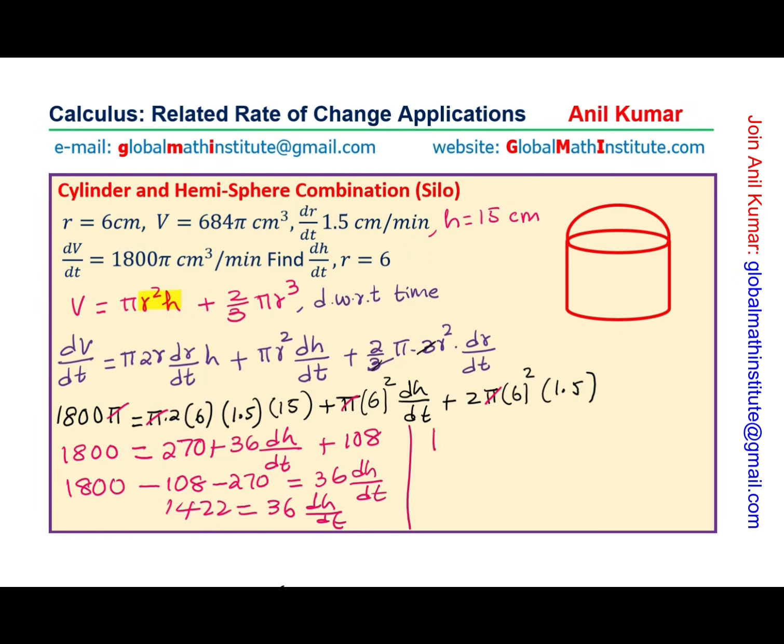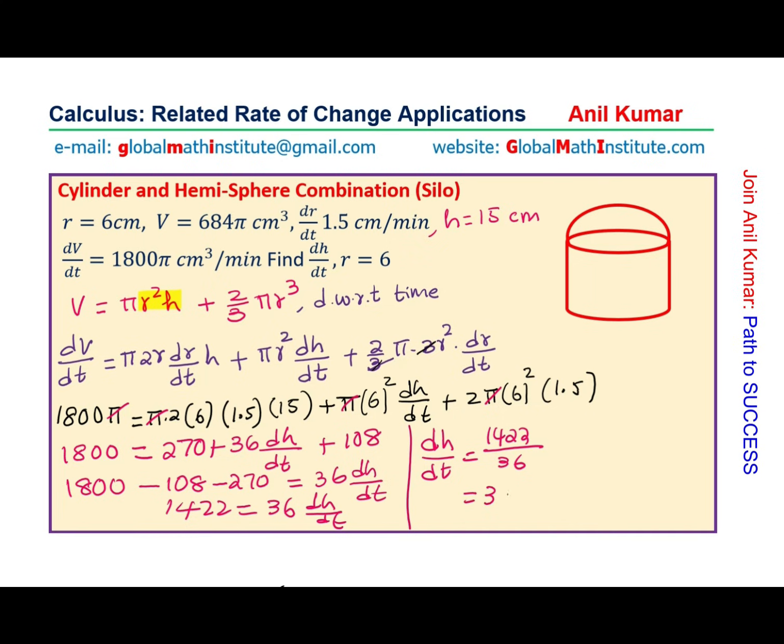So from here we can find dh/dt equals 1422 divided by 36, 79 by 2, or 39.5. Units being centimeter per minute.